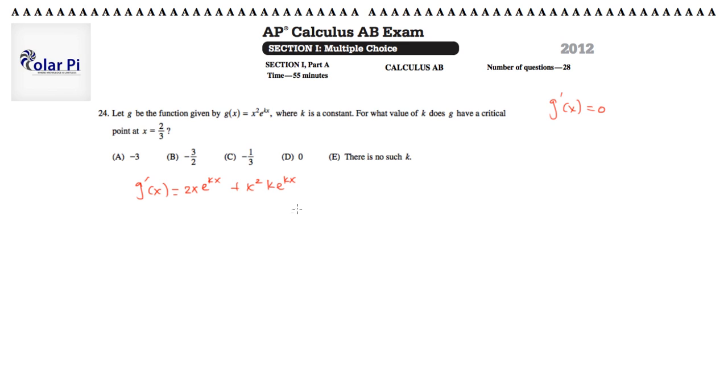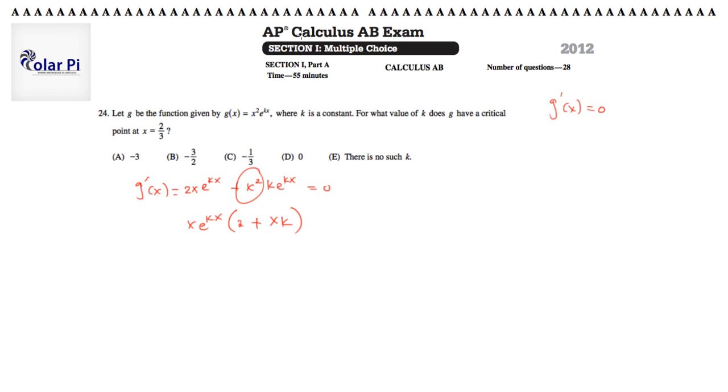Okay, cool. So we want to know where this is equal to 0. First, we see that x times e to the kx is a common factor to this term and that term. So if we factor that out, we can write x times e to the kx times 2 plus, all we should have here is an x times k, right?